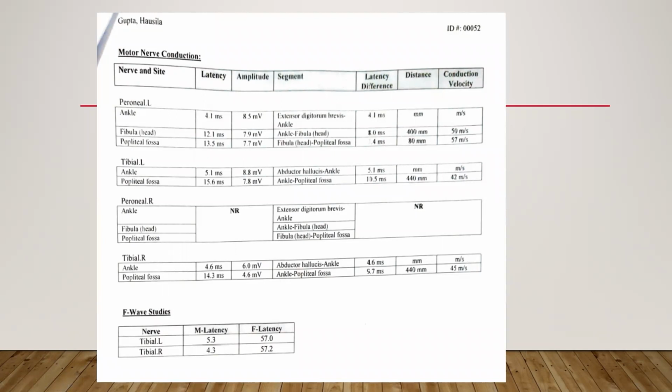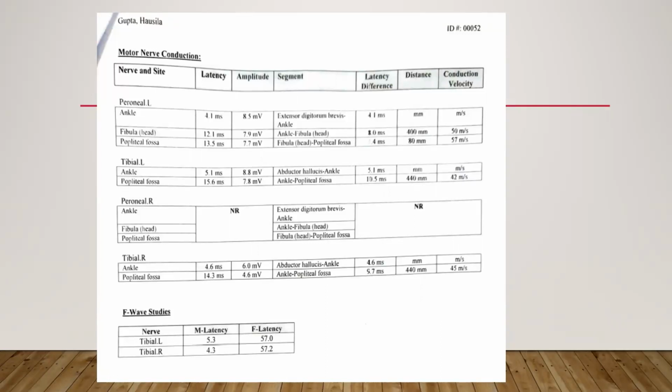Lower limb nerve conduction study. Amplitudes are normal for the peroneal nerve at fibular head and popliteal fossa stimulation on the left side.